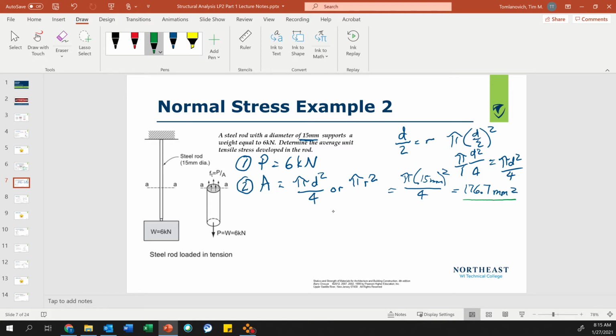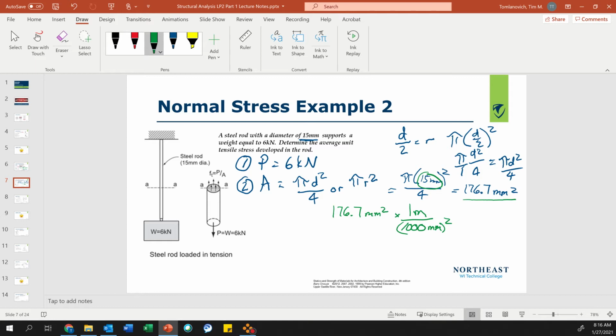I can take 176.7 millimeters squared times 1 meter equals 1,000 millimeters, and I have to square that, right? Or I can convert this value into meters right away. So let's see if we get the same answer.